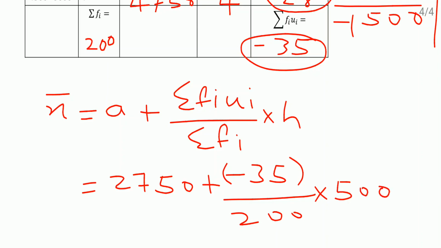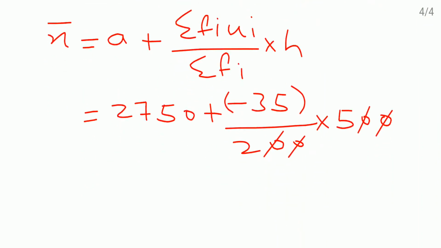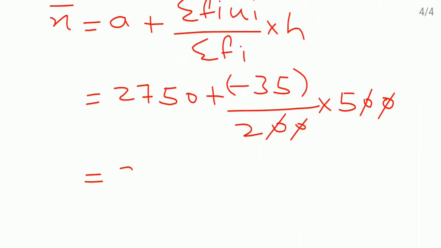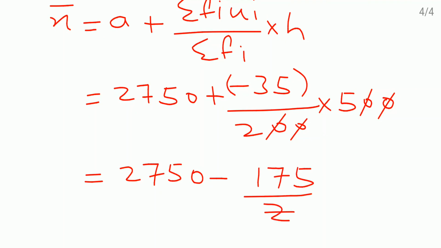Correct? Now this 100s got cancelled. Here we'll write 2750 plus minus minus. Now 35 times 5 is 175, divided by 2.